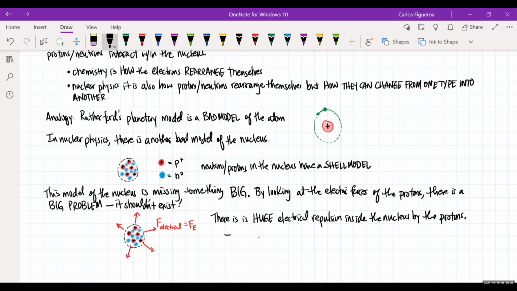So what you're seeing here is that the electrical forces, which I'm going to call E forces, are trying to blow apart the nucleus.